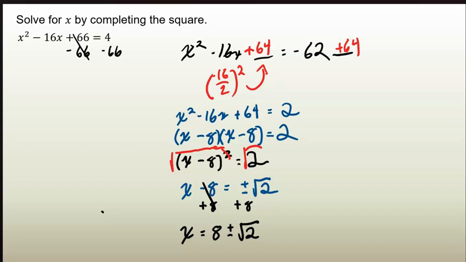If I had decimals in these equations, is it faster to do this with the quadratic formula or completing the square? The answer is they're both about the same. But when you have nice clean numbers like this, you can definitely use completing the square a whole lot quicker than you can using the quadratic formula.